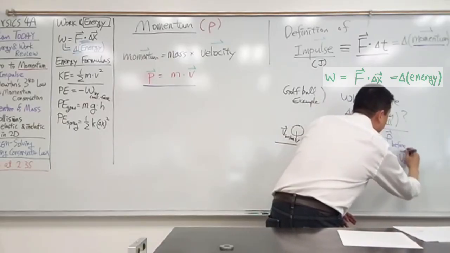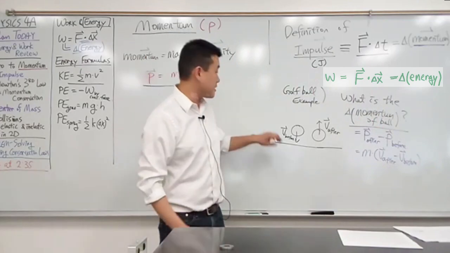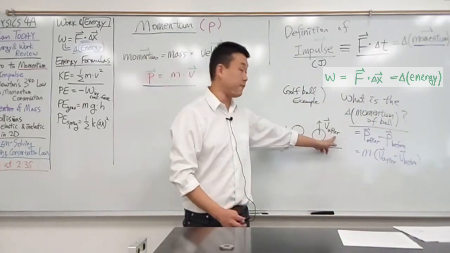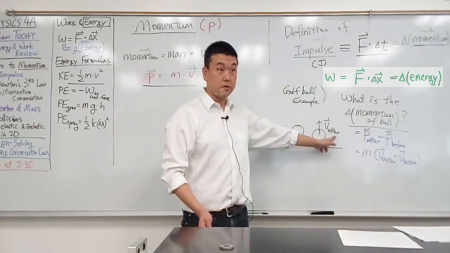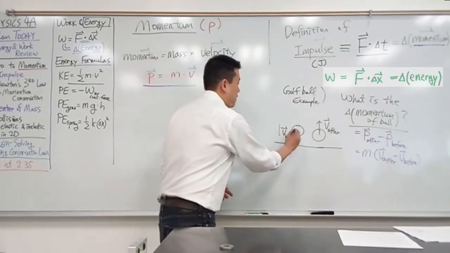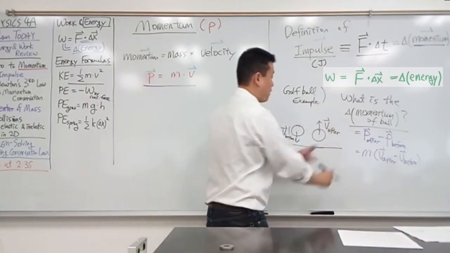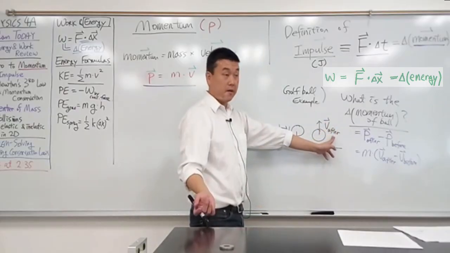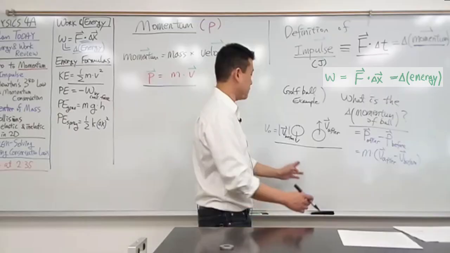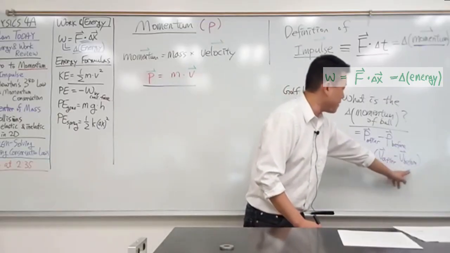And if you have really good physical intuition, you might go this far. You might have some sense that the speed of the ball is the same before and after, right? So if I call the magnitude of this V naught, then the magnitude of this would also be V naught. And you would say, so it's plus V naught minus V naught.